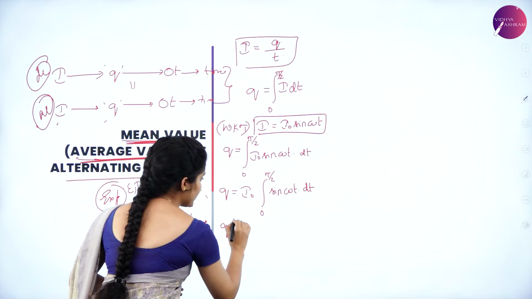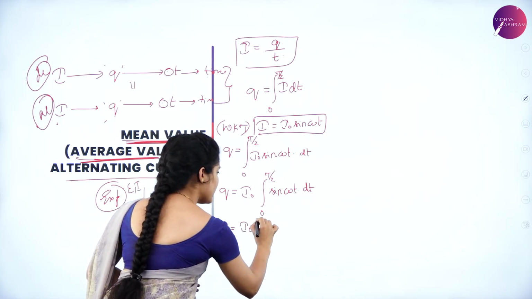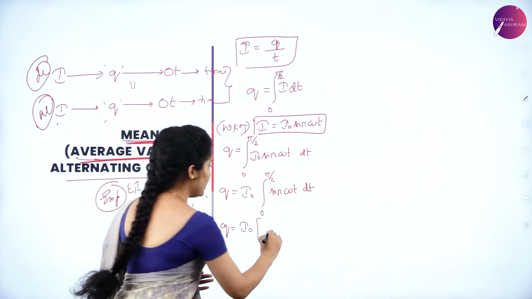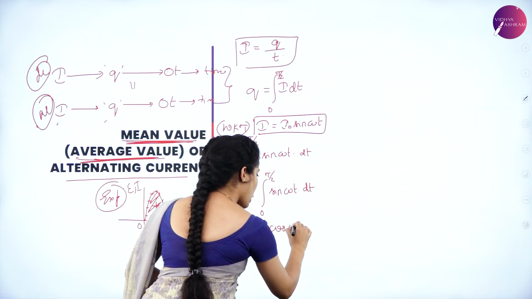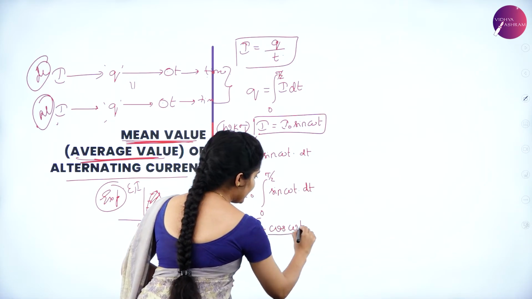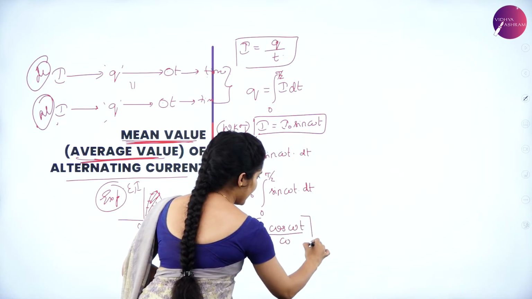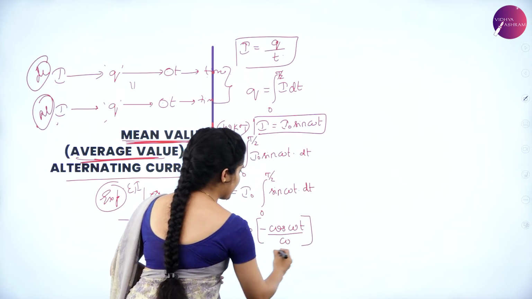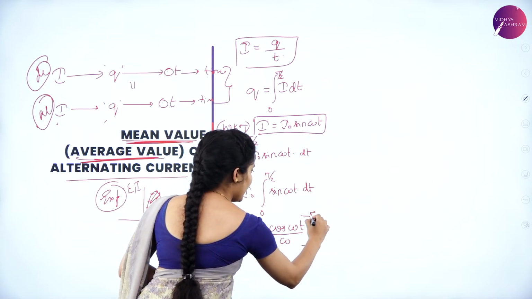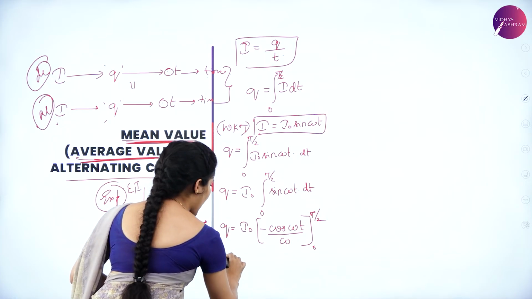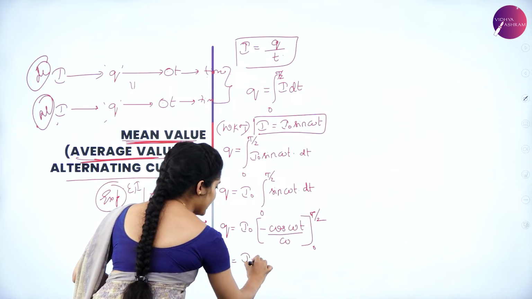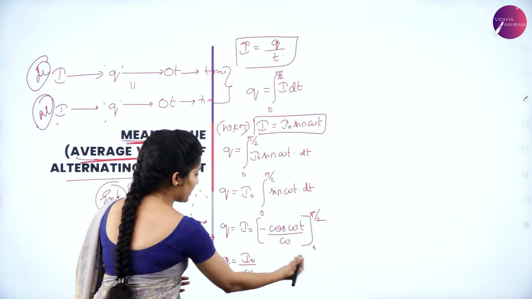So we have q is equal to I naught, integrate sine omega t, you get minus cos omega t divided by omega, with respect to the limits 0 and T by 2. Next, q is equal to I naught divided by omega, which we take to the other side.